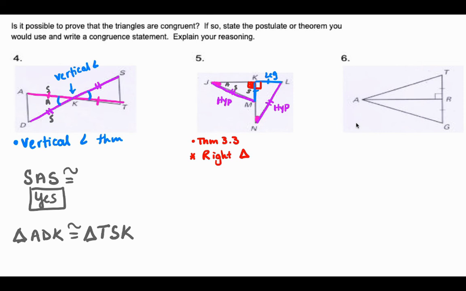So we can actually get these are congruent using hypotenuse leg congruence. So I have the triangle JKM. The J corresponds to N, K corresponds to K, and the M corresponds to L.